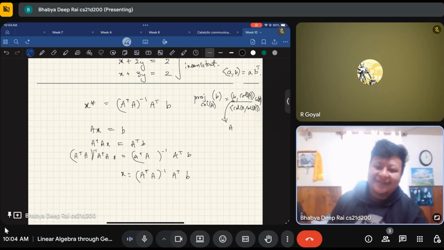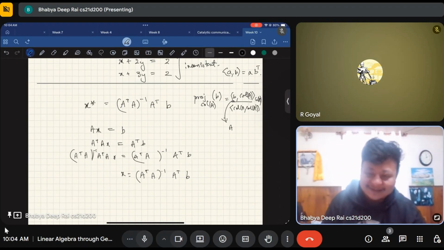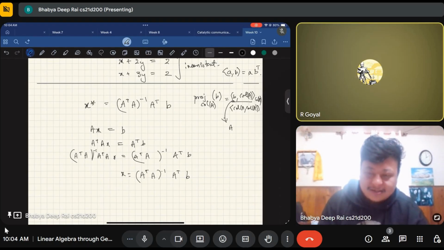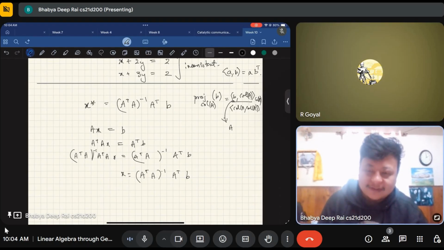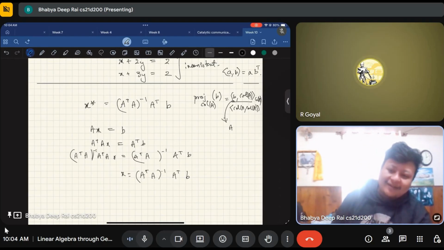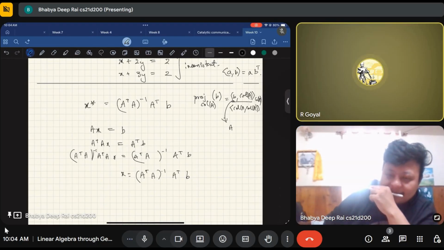Because you can always find the solution for x, if I do this sequence of operations, left multiplying by the transpose, which is still valid. I do not see any flaw in this calculation.